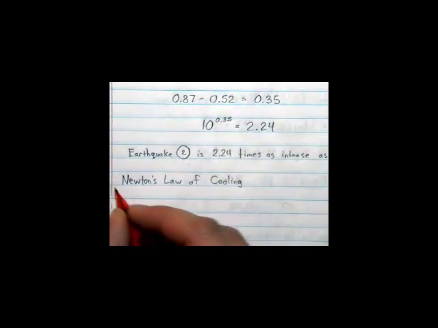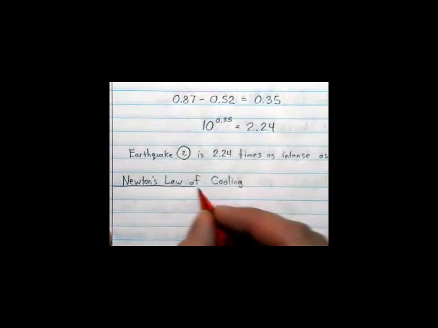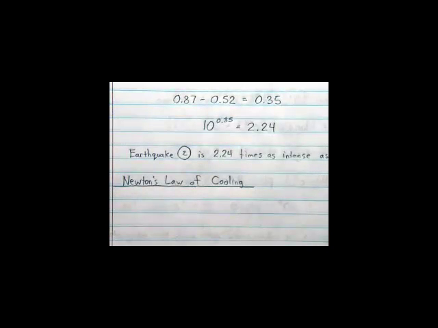It's pretty handy if you ever want to figure out how long you need to leave something in the oven or in the fridge to get it to a certain temperature. It's called Newton's law of cooling, but it could also be called Newton's law of heating. It's just this whole temperature thing that's going on.